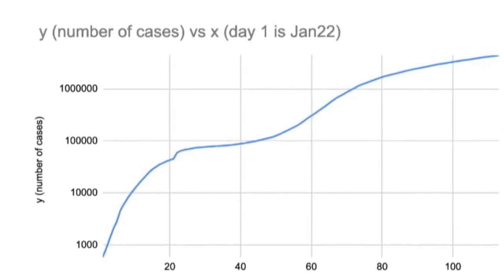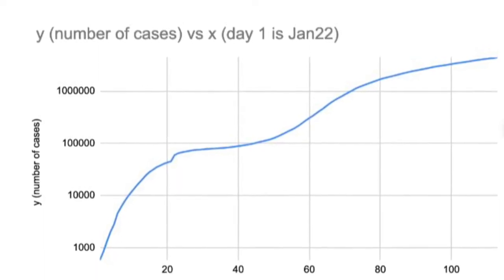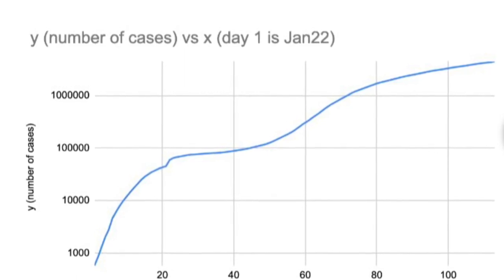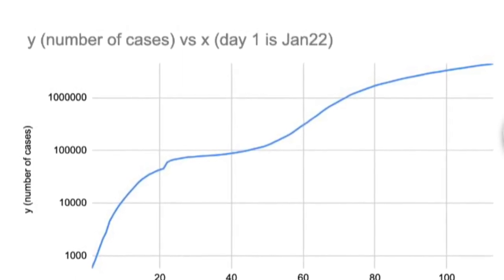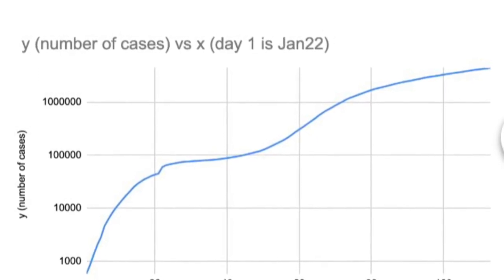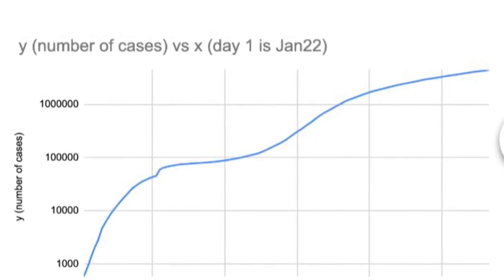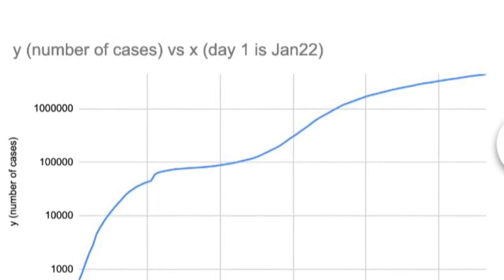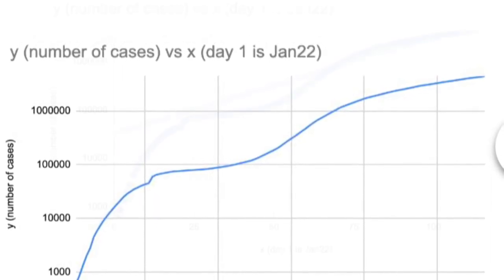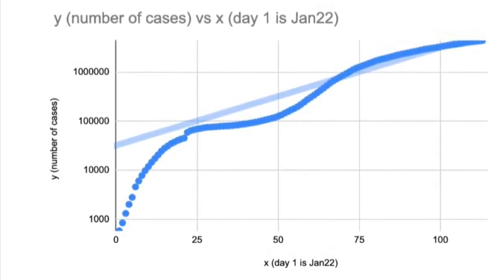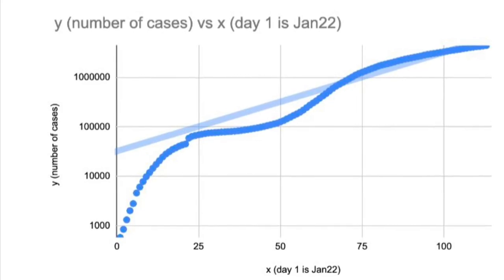So I've taken the same curve that was on a linear scale and put it on a logarithmic scale. And we can see that our curve now seems to be falling away from something that's linear. Now remember, if the bacteria was growing exponentially, the graph should be linear when it's on a logarithmic scale. Now, just to show what I'm saying, the light blue line would be something linear.